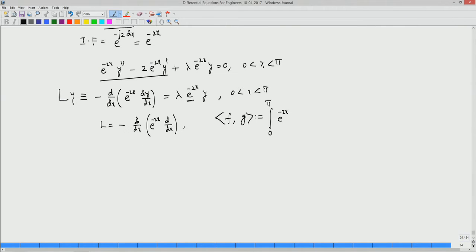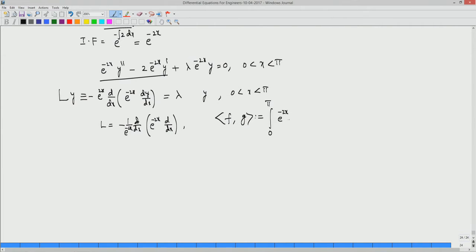So, you can just divide by this. You can bring e power minus 2x to this side, so it is going to be plus, and you can remove the minus. So L is 1 over e power minus 2x times that operator, and this is your w.